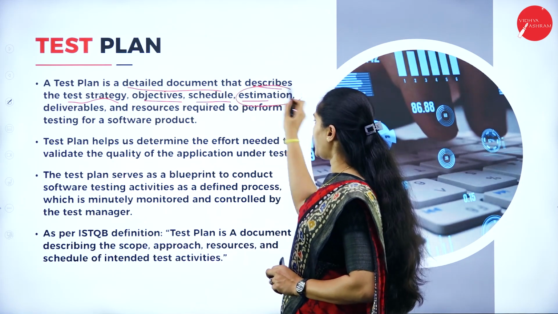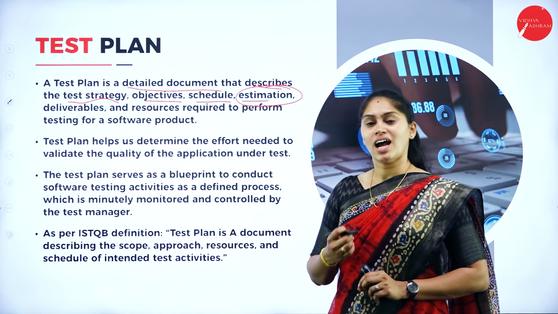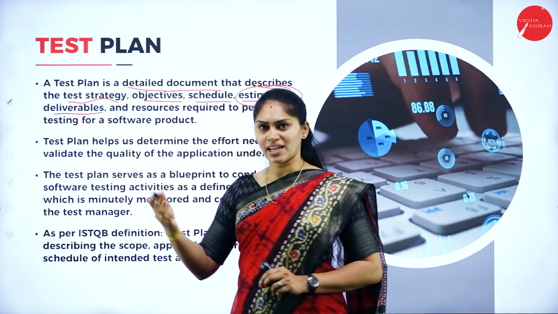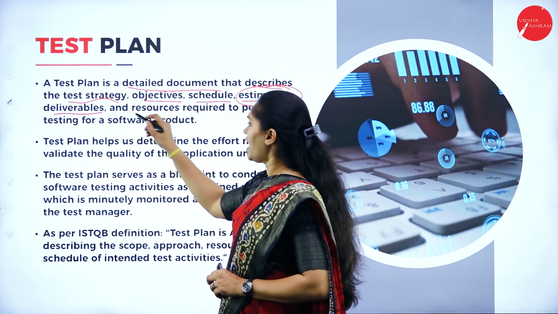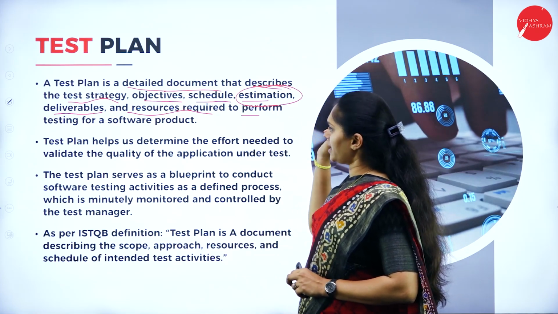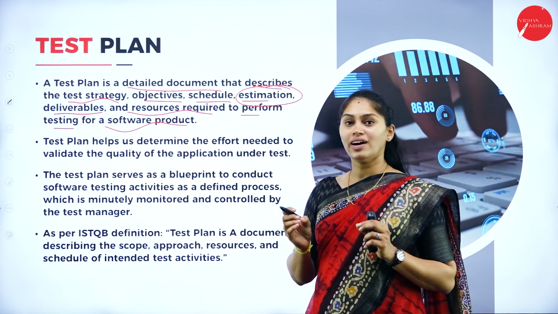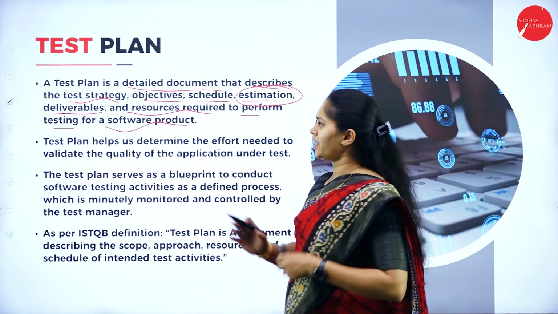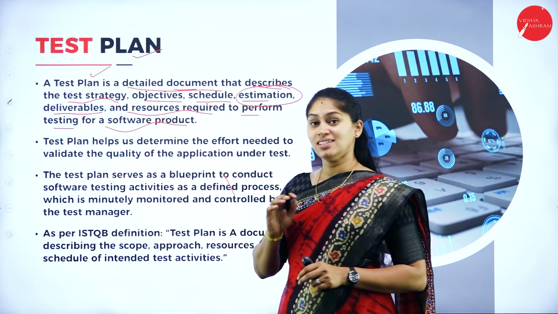It is related to estimation of cost as well as time, how much time it will require and what the cost estimation is, and also deliverables, at what time we will be delivering the product or project or software, and what resources are required in order to perform testing for a software product. All these details will be summarized together and stored in a detailed document. Then we call that document a test plan.